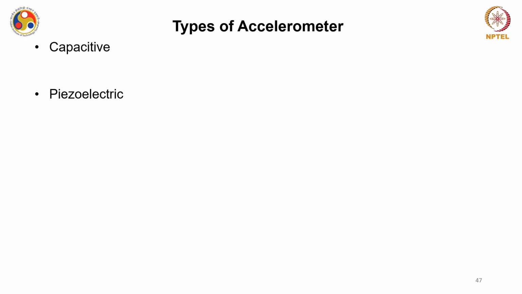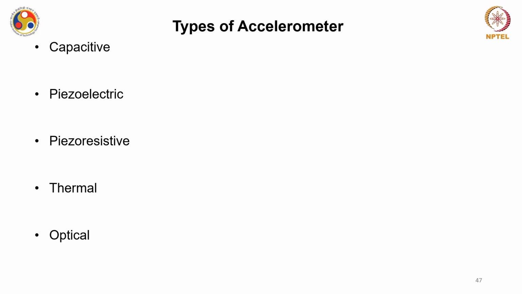Depending on what principle we utilize for this measurement, we can have a number of accelerometers. We can have capacitive accelerometers, and piezoelectric and piezoresistive accelerometers. We can also have thermal accelerometers, which are very important and come in two different types, and some of them are important for certain applications we are going to see in our last lecture.